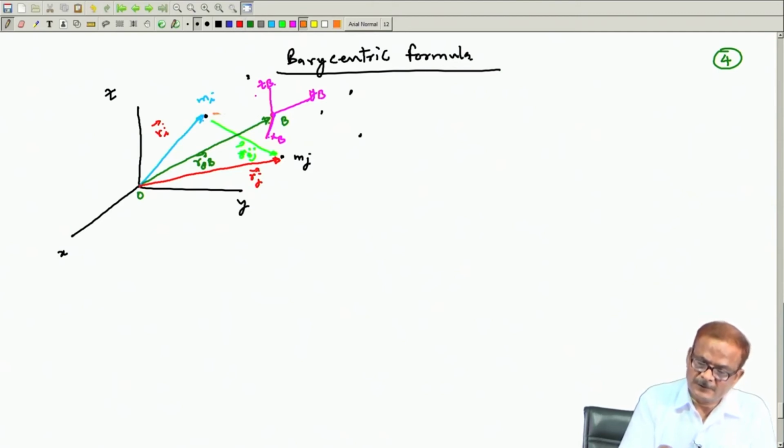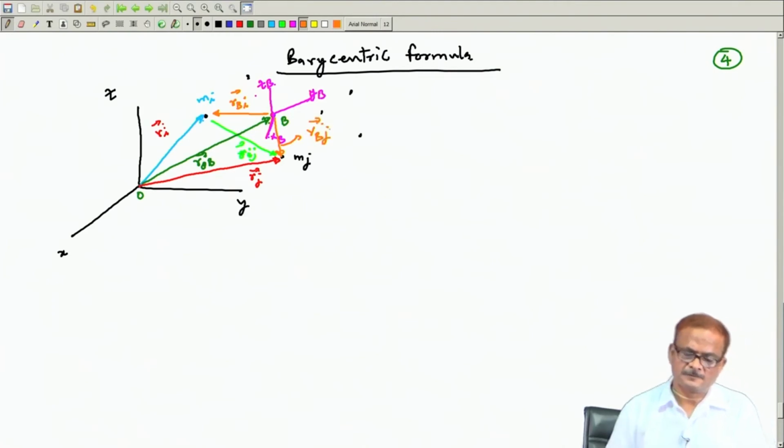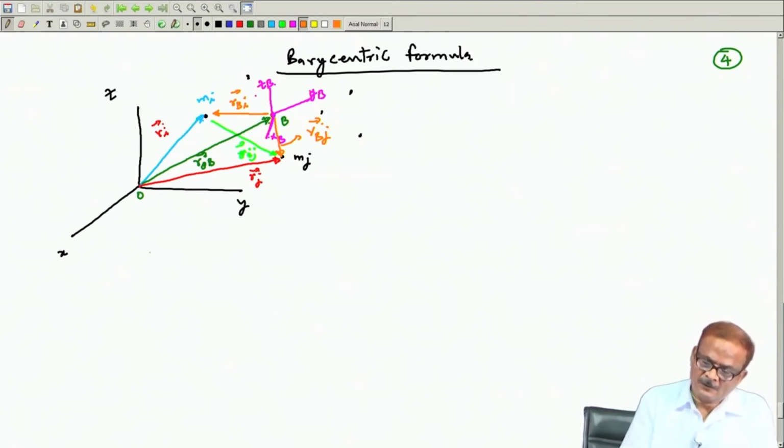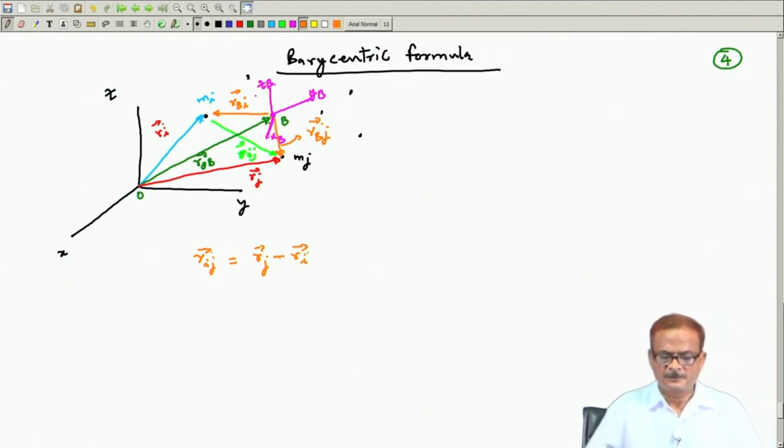We can connect these points: RBI, and on this side we can show this as RBJ. So, what we can notice from this place is that Rij is Rj minus Ri.